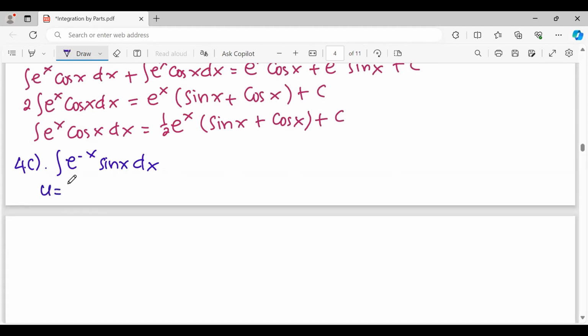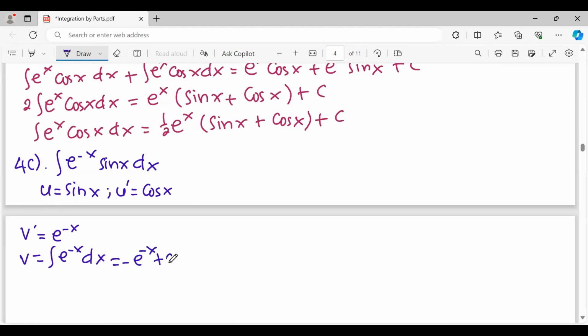So u equals sine x, derivative u equals cosine x, derivative v is e power minus x, and v is the integral of e power minus x dx, minus e power minus x plus c.